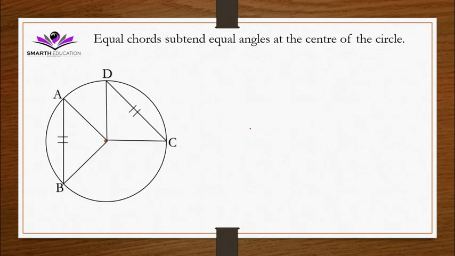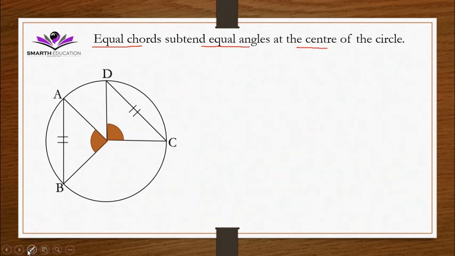Okay, right. Even this one here says that equal chords subtend equal angles where? At the center of the circle. So we have equal chords AB and DC. These are equal. They are subtending these angles at the center here.